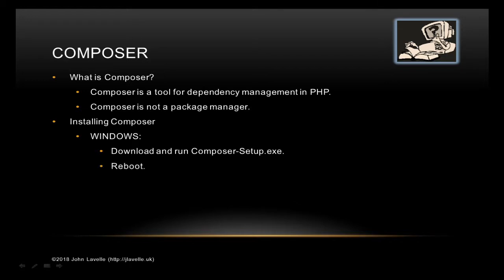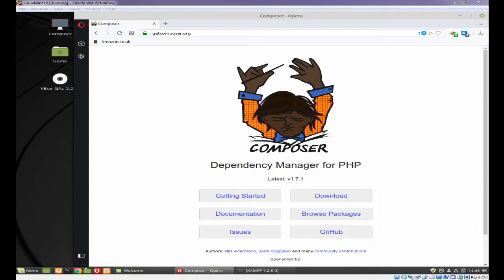On Linux, well, there's a number of ways. So the first way is you can actually download the installer, but there are a lot of other ways you can actually install Composer on your system.